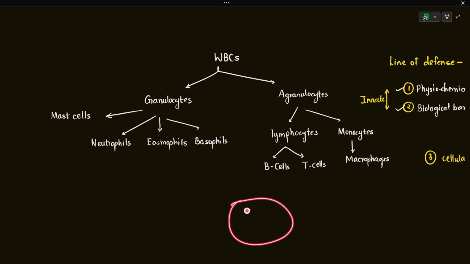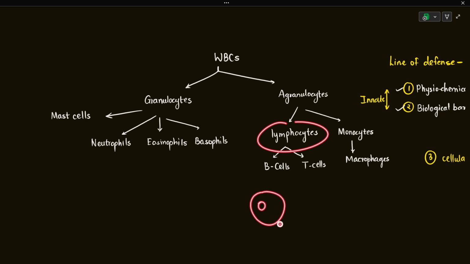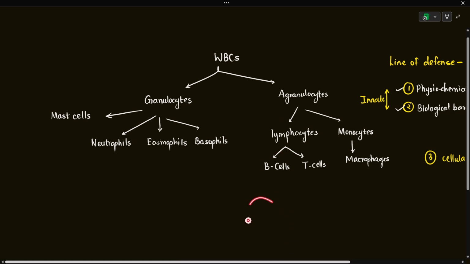So this will be the cell, this is the nucleus, and this is the simple round nucleus of the cell. So lymphocytes are going to have a simple round nucleus. This will be the structure of a lymphocyte. On the contrary, the granulocytes have a multi-lobed nucleus, something like this. Let me just draw it here. So this is the cell, and the nucleus will be something like this.